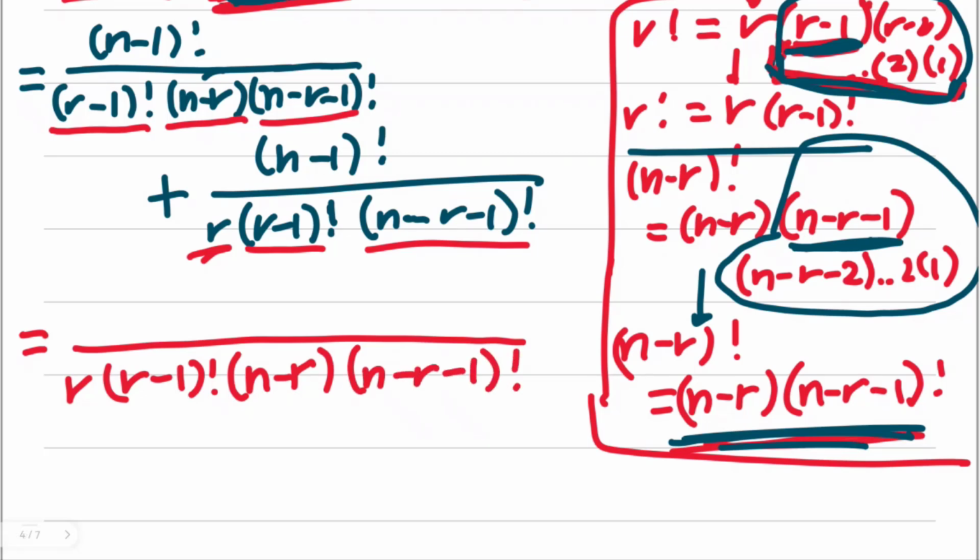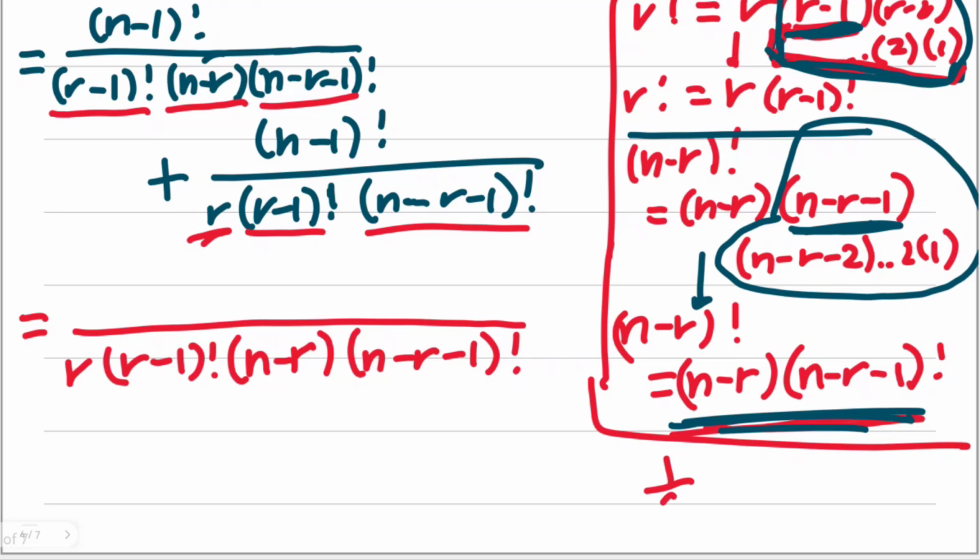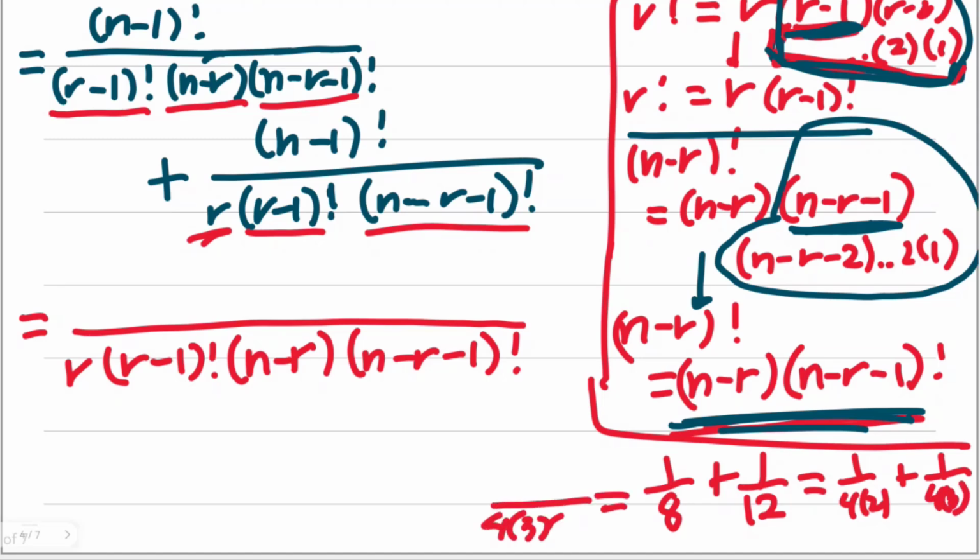So all of them are factors needed for our LCD, because if you have, say for example, 1 over 8 plus 1 over 12, you need to look for the factors of 8. We know that 8 is 4 times 2, and then your 12 is 4 times 3. That's why your LCD for this is actually 4 times 3 times 2. Similar to this, you have these factors, all of that in general.